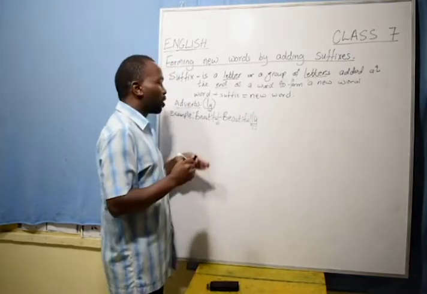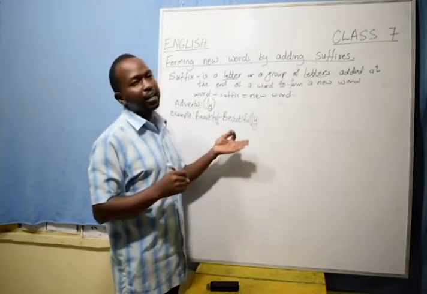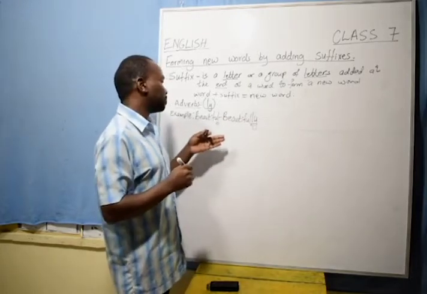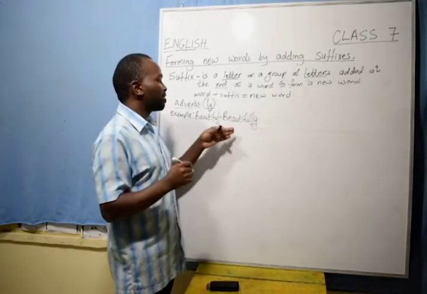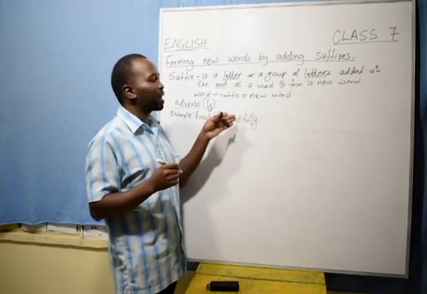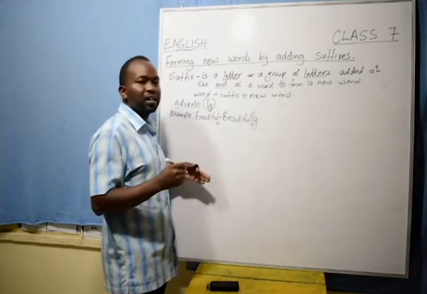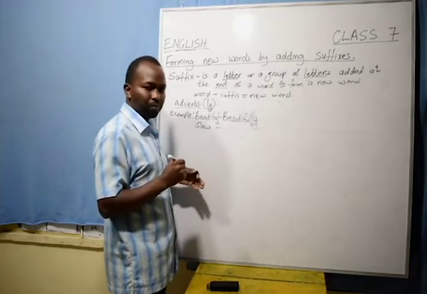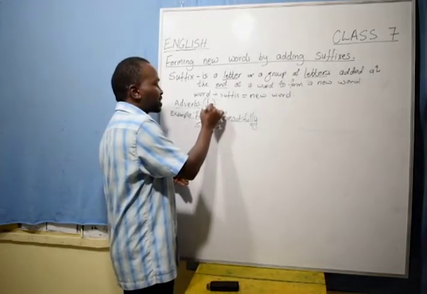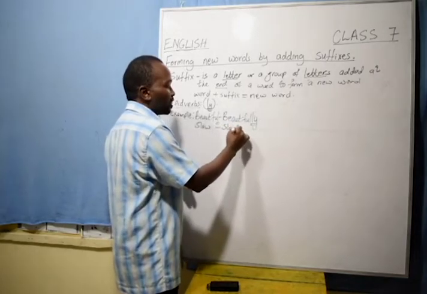So this is a new word, and from an adjective we form an adverb, beautifully. So ly is an example of a suffix. We have the word slow. When we add the suffix ly, the new word becomes slowly.